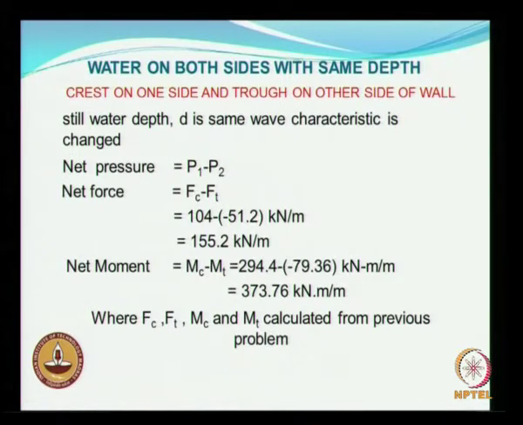Okay. So similarly the net moment will be Mc, that is the moment when the crest is on the wall, minus the moment when the trough is on the wall. Of course minus of minus becomes plus, so you have 375 kilonewton meter per meter, and so all this Fc, Ft, Mc, Mt are all calculated from the previous problem, that the first problem.